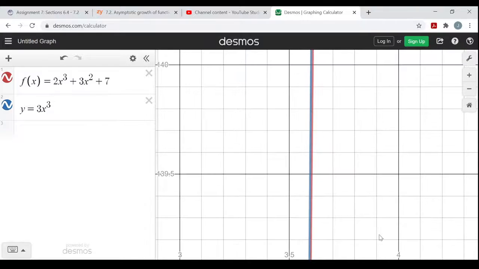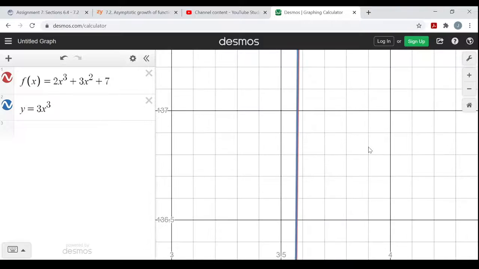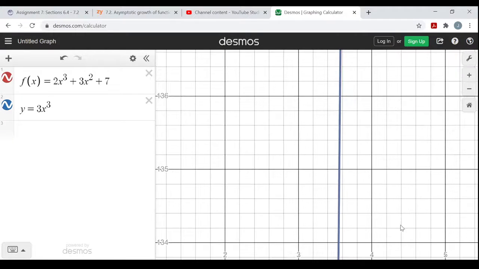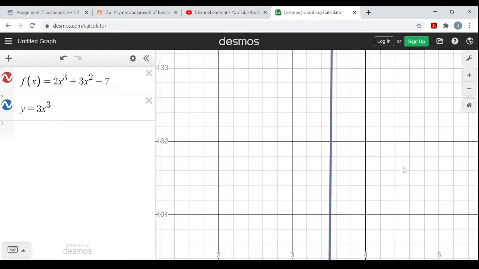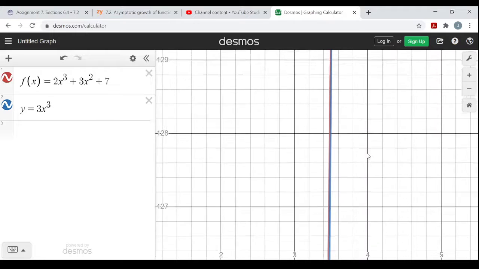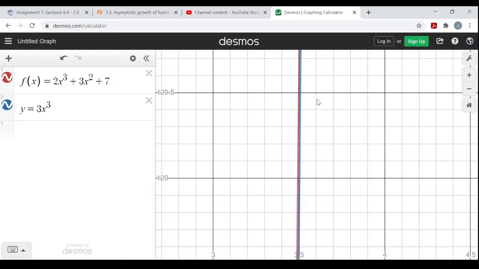And then we're getting closer, closer. And then here it looks like they're about the same. And then blue is lower than red. So somewhere in here, there's the switch where the blue graph starts surpassing the red graph.